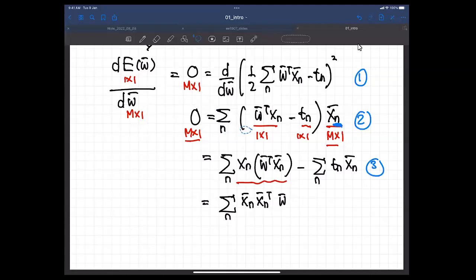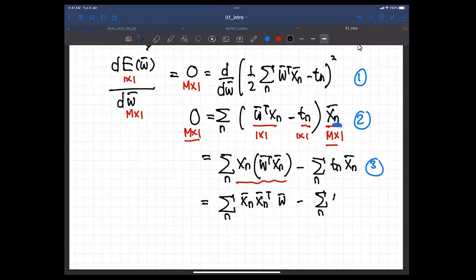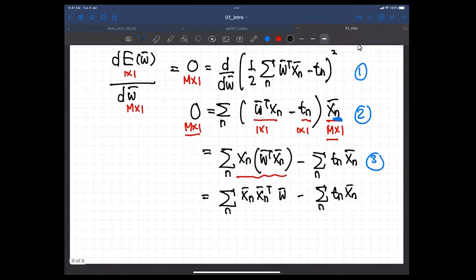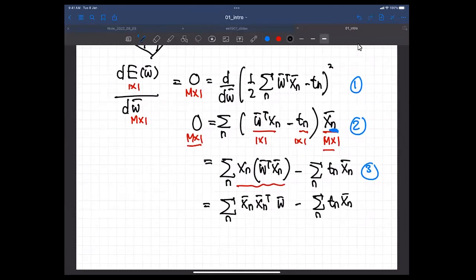Okay, so number 4. If you have that one, then it's the sum over n of Tn xn. Normally I will not do this derivation because I assume that you can do it by yourself, but for this first lecture I will keep the details.